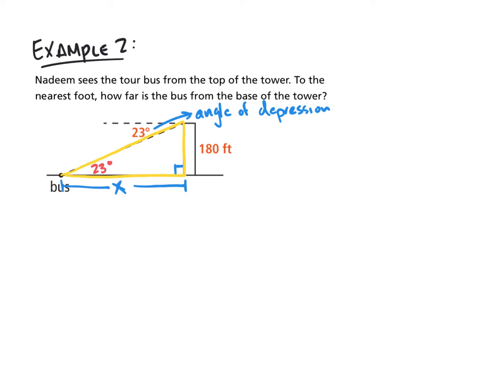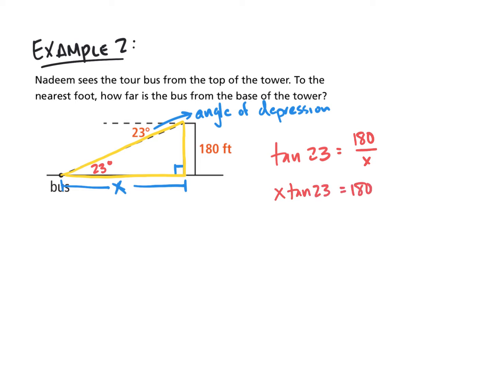And now I can see that I would be able to set up an equation that says the tangent of that 23-degree angle that's now inside my triangle would be equal to opposite over adjacent, 180 over x. And if I cross multiply this, I'm going to end up with x times tangent 23 equals 180.